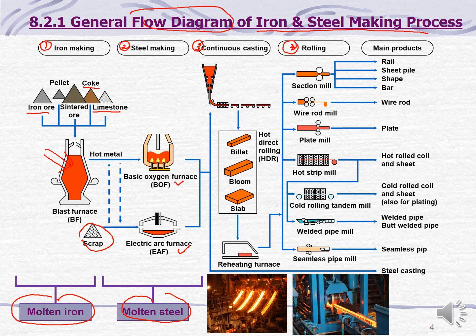Then, this molten steel is transferred to the next process, which is the continuous casting process, where this molten metal is transferred to a long open base mold to produce different shapes of semi-finished steel products, such as billet, bloom, and slab.